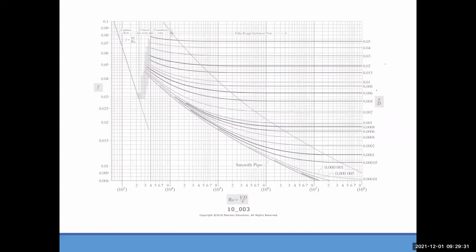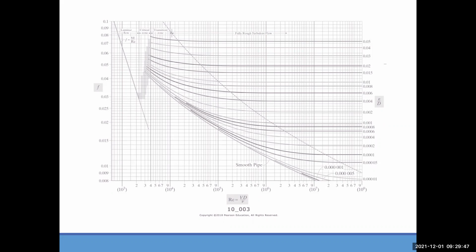That's why I asked you to give me the number in decimal format. And if you look at the Reynolds number here, everything is in 10 to the power something format. So that is the reason I asked you to do it in 10 to the power something format.